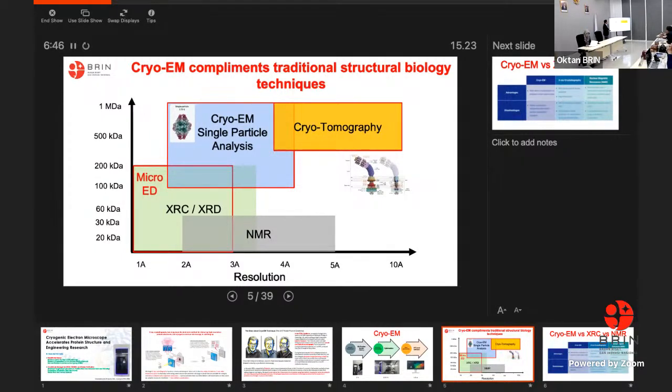Cryo-EM is divided into cryotomography, for big molecular sizes from 500 kilodaltons up to 1 megadalton, and the method for single particle analysis, usually effective above 100 kilodaltons. For small proteins, we can still use cryo-EM by using microelectron diffraction.